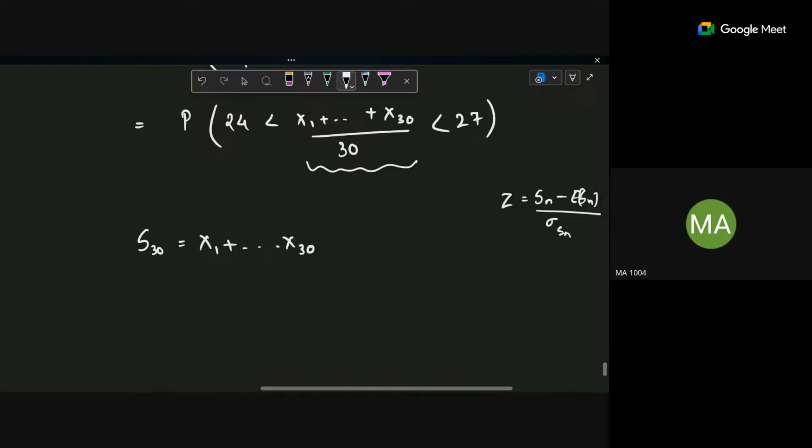Then next, what to do? Expectation of S30. Is it 25 or what? Yes, ma'am, 25. Are you sure? Expectation of S30 is nothing but the expectation of X1 plus X2 till X30, and expectation of Xi is 25. So it should be 30 into 25, isn't it?